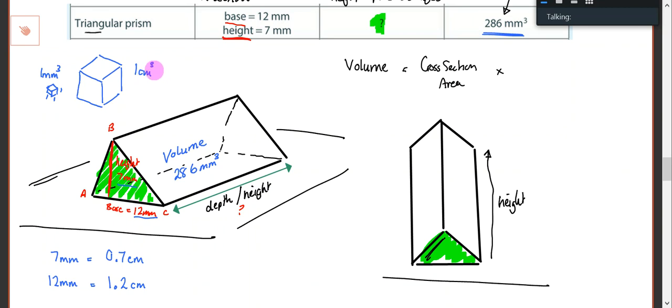Any ideas? No? Well, how many millimeters fit in the 1 centimeter along that way? 1 centimeter is how many millimeters?